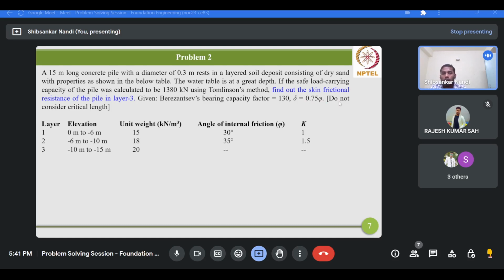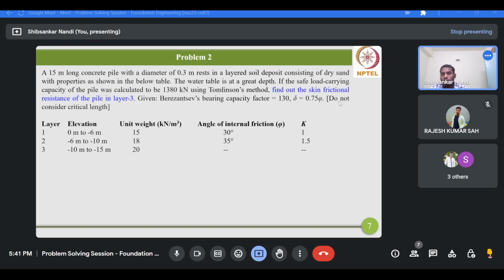The first major difference between the previous and present problem is that in the earlier problem the dense sand layer was homogeneous, so we considered only a single layer for determining the pile load capacity. Now it's a layered deposit, and you are constructing the pile in it with length 15 meter and diameter 0.3 meter.